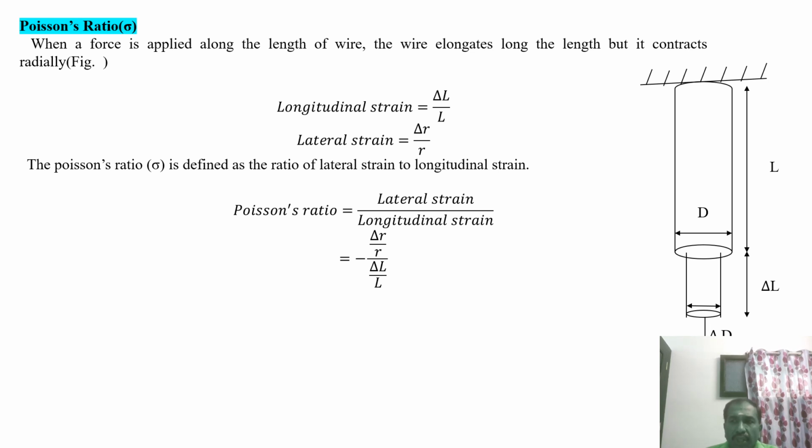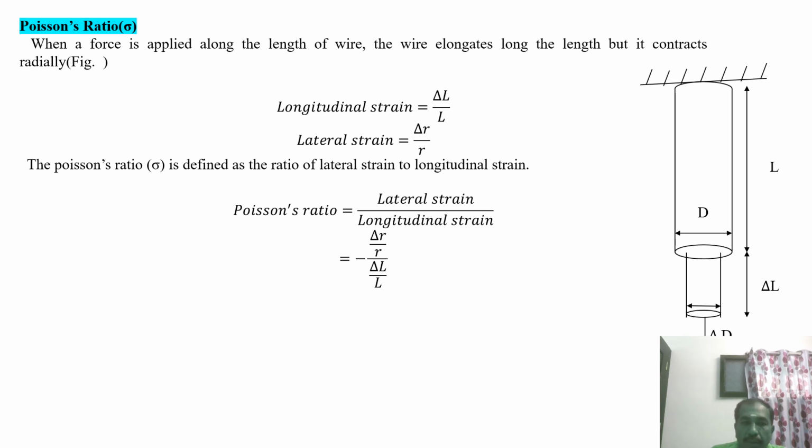Since the radius decreases, we put a negative sign: negative delta R by R by delta L by capital L. The Poisson ratio of a material ranges from 0.2 to 0.5. 0.2 is a less elastic material and 0.5 is a highly elastic material. By comparing that ratio, we decide whether a material is more or less elastic.